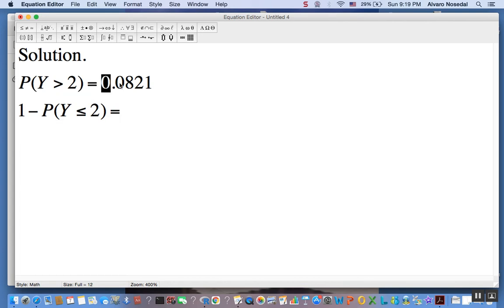But we know that that probability is just the CDF of y evaluated at 2. So let's write it down like that. Okay, so that would be uppercase F, meaning the CDF of the random variable y evaluated at 2.